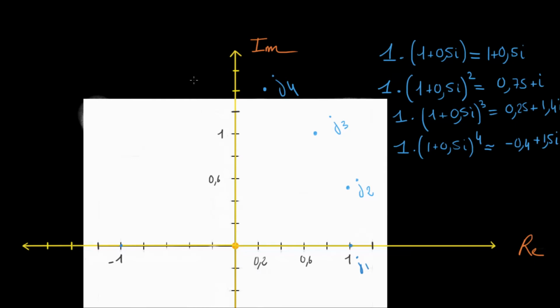So now the particle will sit somewhere around here, J5, position 5. So let's do it one last time. 1 times (1 plus 0.5i) to the power of 5 is approximately equal to minus 1.2 plus 1.3i. So now the particle will sit somewhere around here. Position 6.